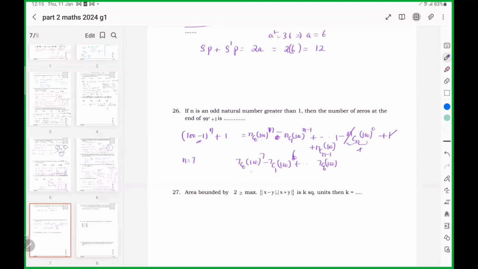So even here you have any number of zeros at the end. Like 0, 0, 0, zeros, 1, 0, 0, if you add it, you'll have two zeros. Before two zeros, you'll have a non-zero number. Whatever may be the n, the number of zeros at the end is two.